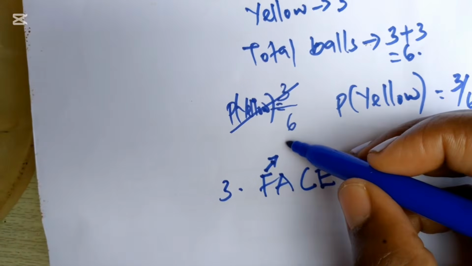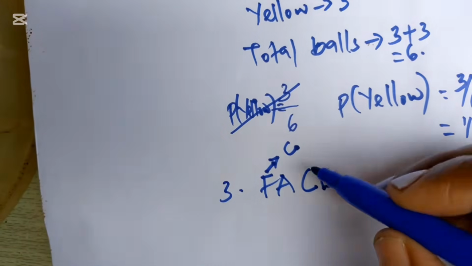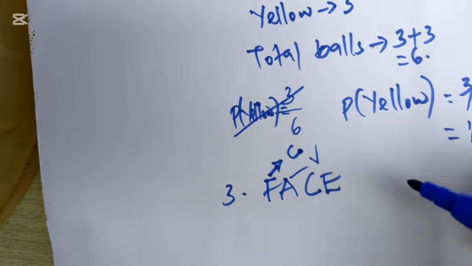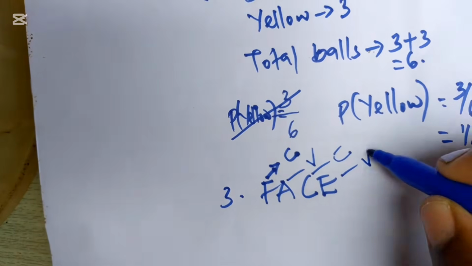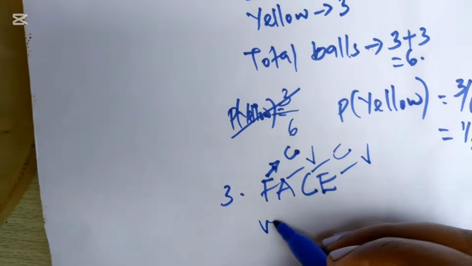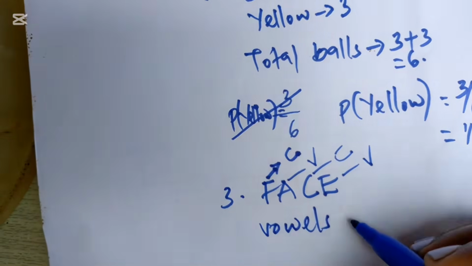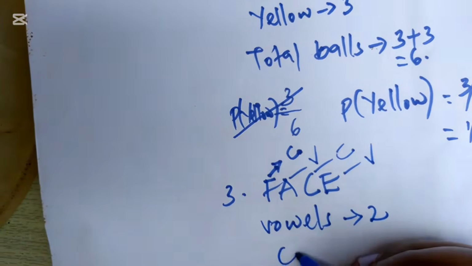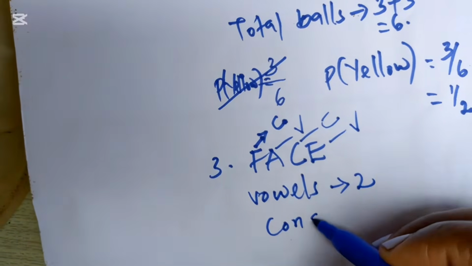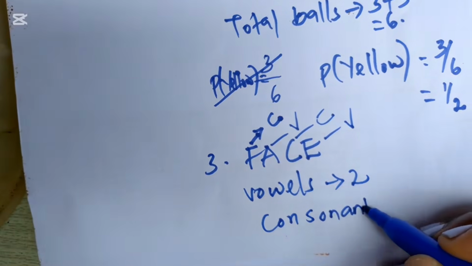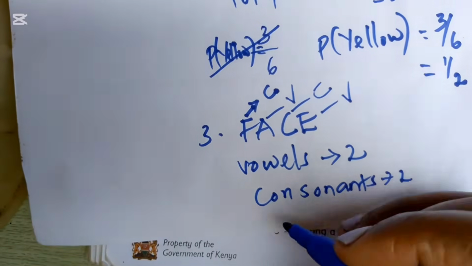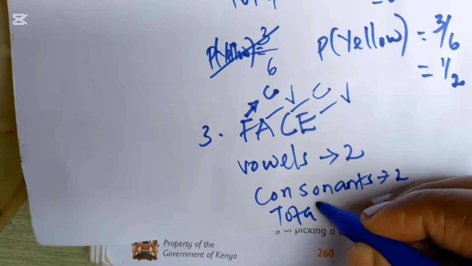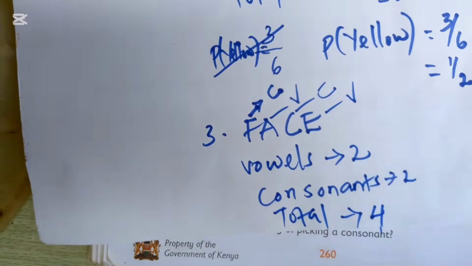F is a consonant, A is a vowel, C is a consonant, E is a vowel. So how many vowels? 2. How many consonants? 2. How many letters in that word in total? 4.